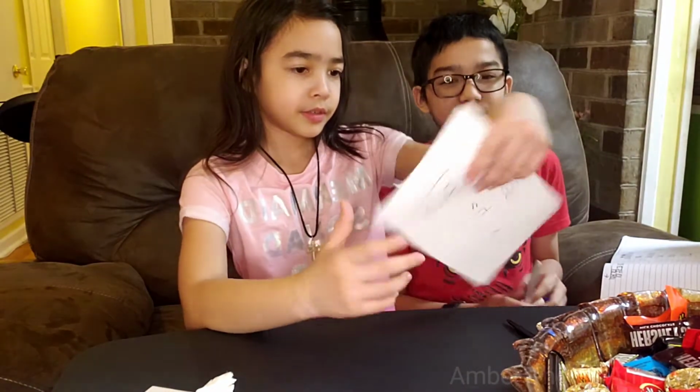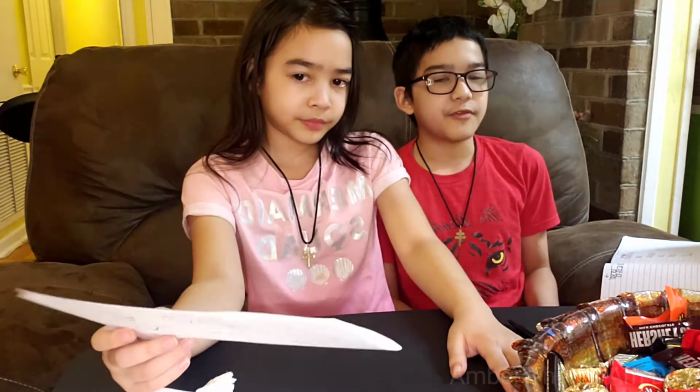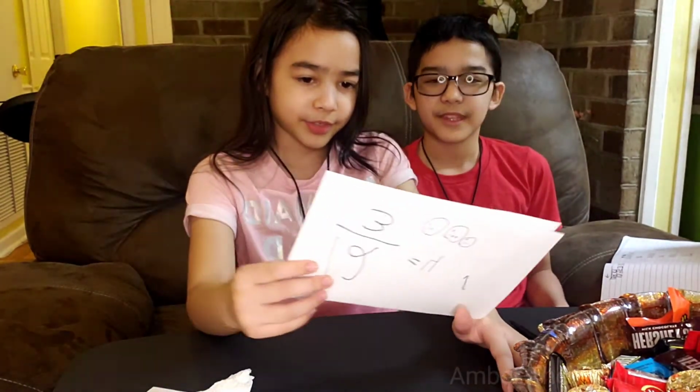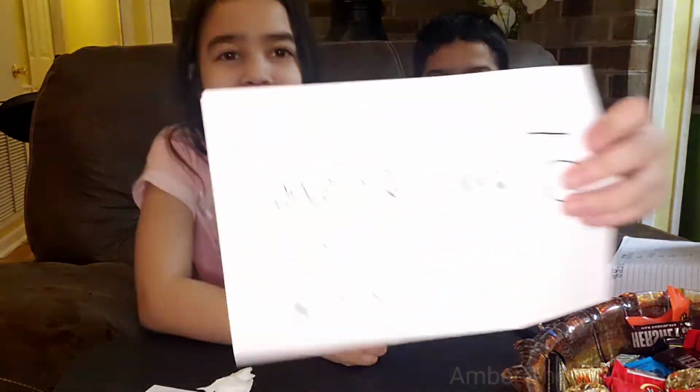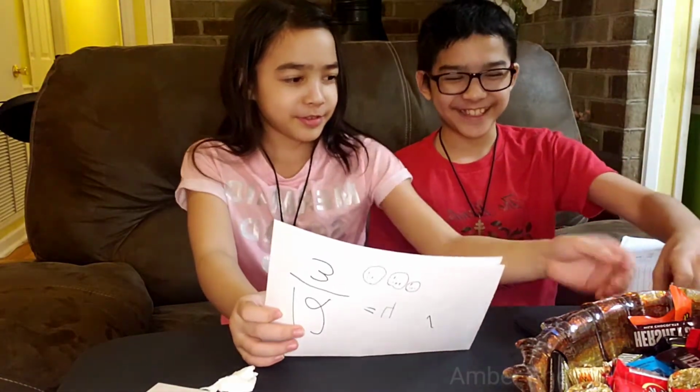So what is the right answer? The right answer would be, so 16 minus 5, that's 11, divide that by 2, that would be 5.5. Sorry, no chocolate. No, you can keep it.